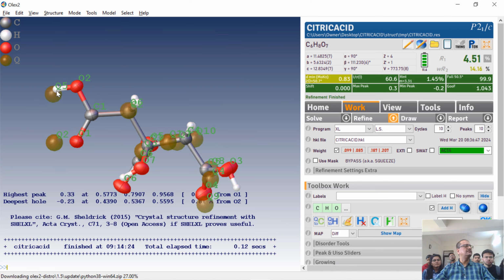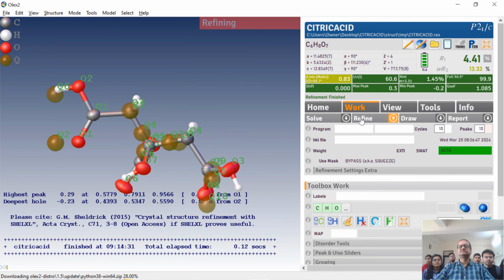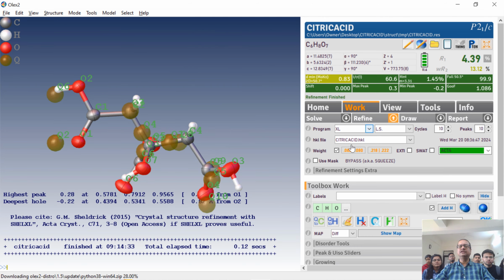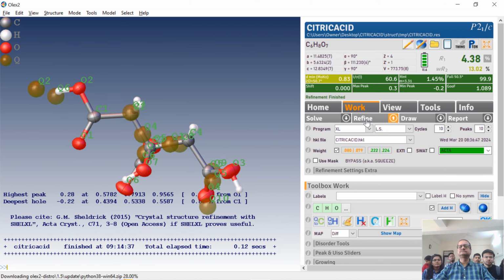See, now it has got that hydrogen. So now you refine a few times till everything turns green. You see, now your GOOF has also come very close to 1.